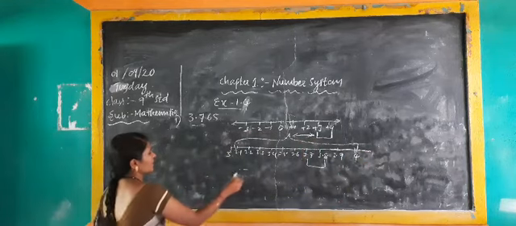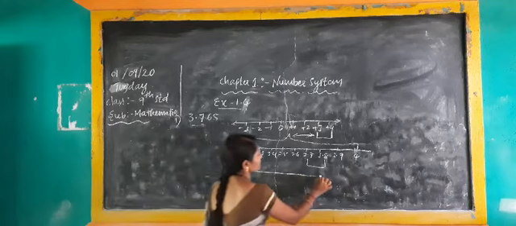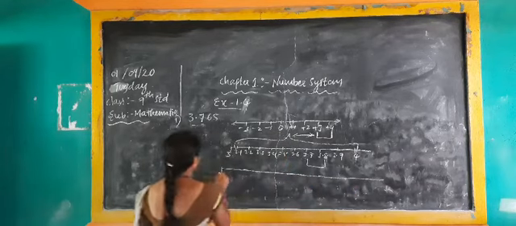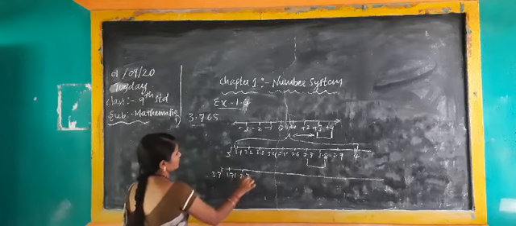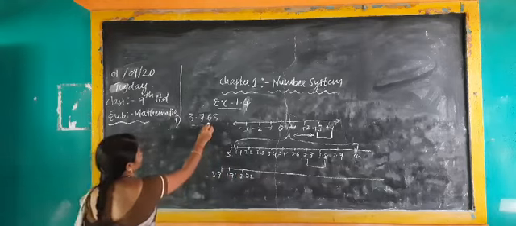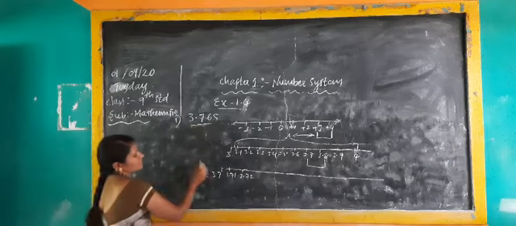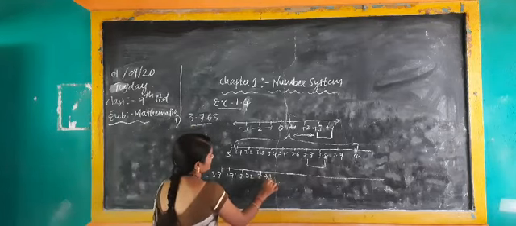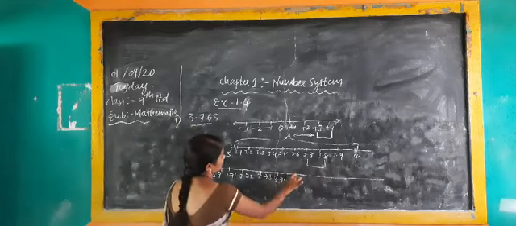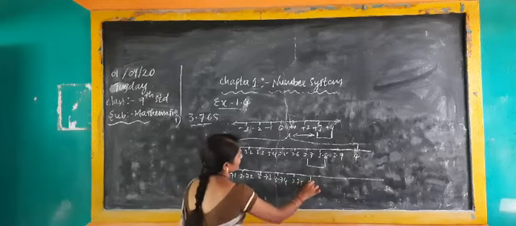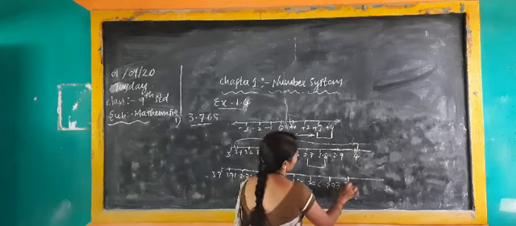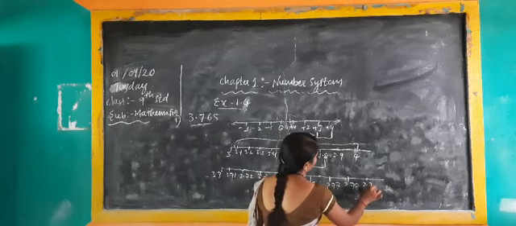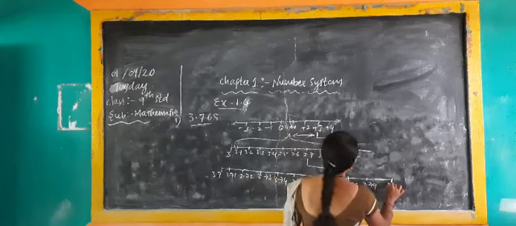Next again write 3.7 to 3.8, means it should be 3.7. Again you have to take 3.71, 3.72, up to 3.76, means 3.73, 3.74, 3.75, 3.76, 3.77, 3.78, 3.79, and here should be 4.